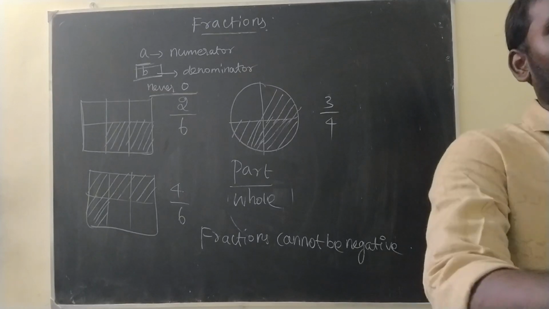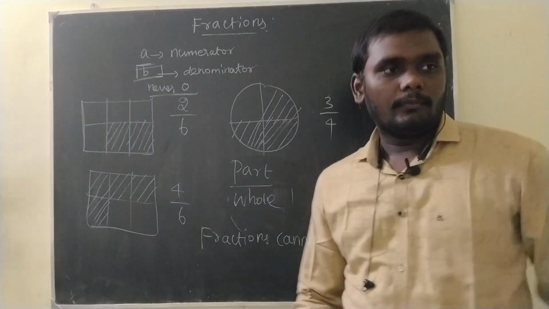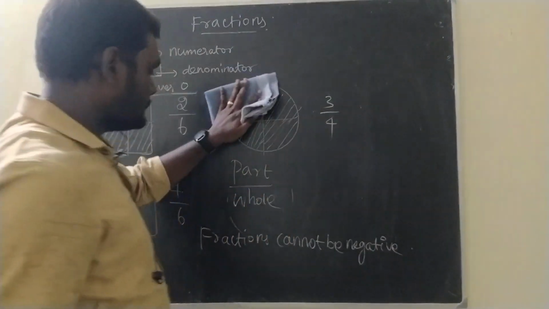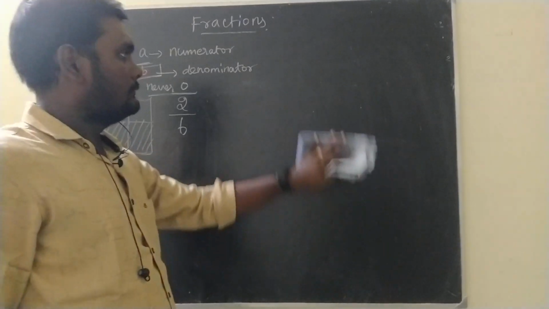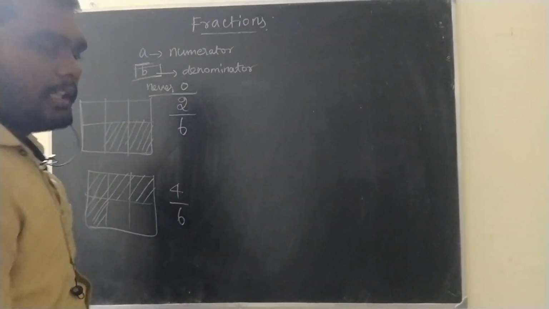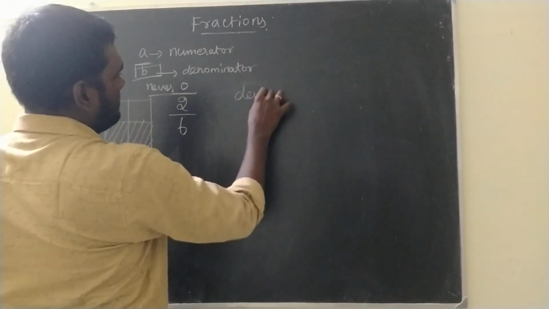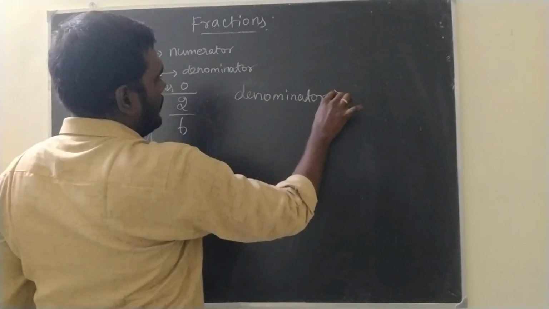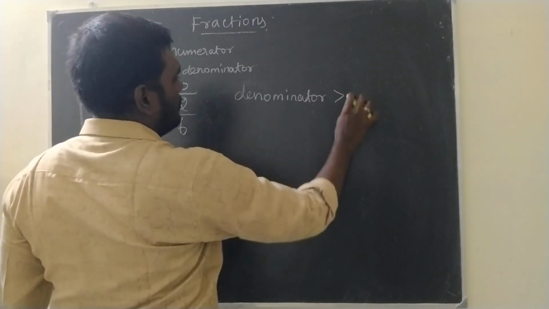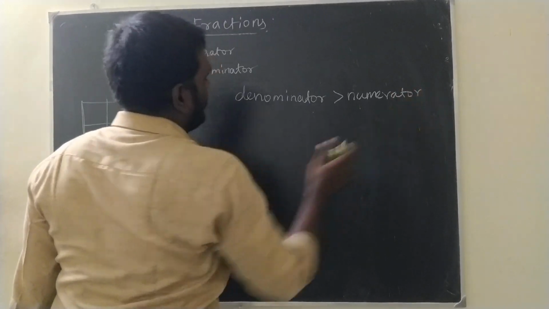So I said numerator, denominator, everything, right? In that, suppose there are more parts in the whole that we are denoting, which means the denominator is greater than the numerator.